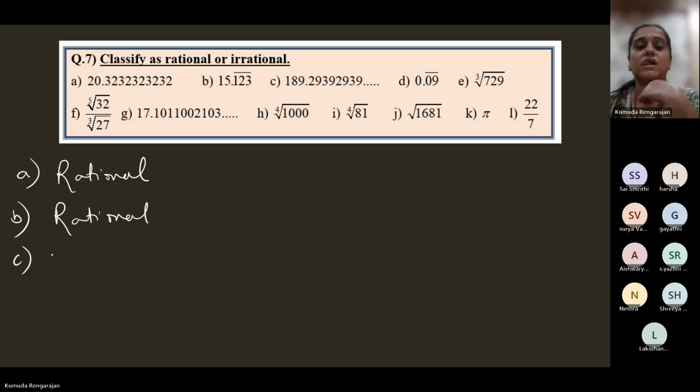C. Is it terminating or non-terminating? Non-terminating. Now look at the decimal part. Do you find a digit or a set of digits repeating themselves?